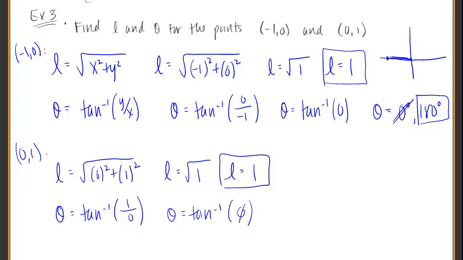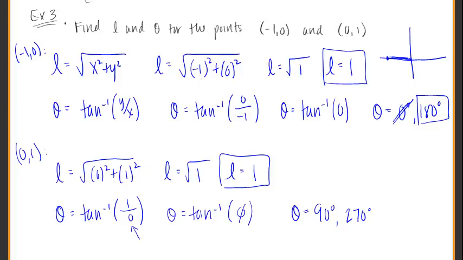We're used to stopping the problem when we see undefined, but no, let's come back to this. Tangent is undefined where your x values are 0. Our x values are 0 along the y-axis, which is either at 90 degrees or 270 degrees. So theta is equal to 90 or 270.